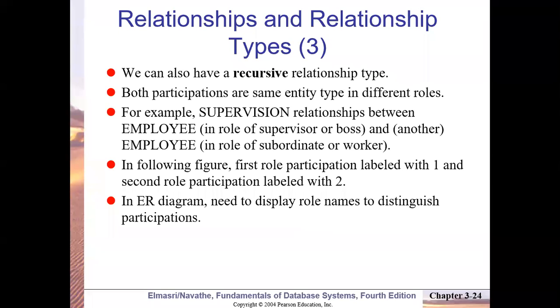Similarly here, there could be a specific relationship between two different groups of the same entity type. For example, this is a typical example taken here, supervision. Supervision in the sense of one who supervises. You can take the example of BCA employees.